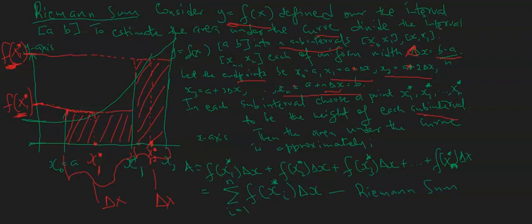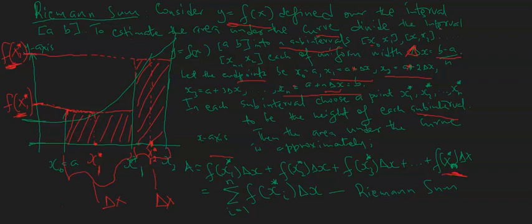So we can go on like that until we reach the last subinterval with the height f of x star n, and therefore that rectangle's area will be f of x star n times delta x. So the area below the curve will be approximately the areas of all these subintervals.